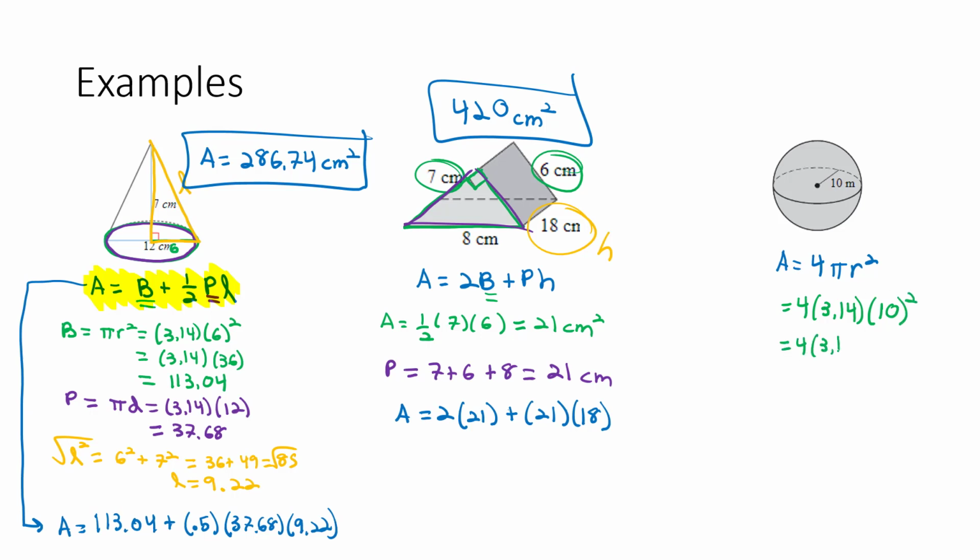So we have 4 times 3.14 times the radius squared, which is 100. And we just have to plug that into the calculator. 4 times 3.14 times 100 is, we'll put it on top just like everything else was put on top. The surface area is 1,256 square meters.